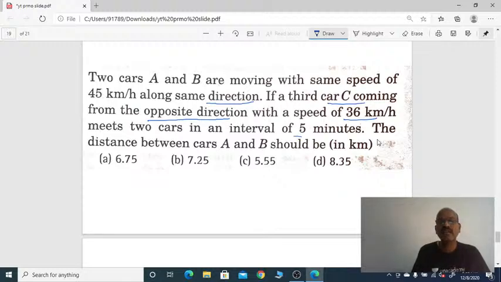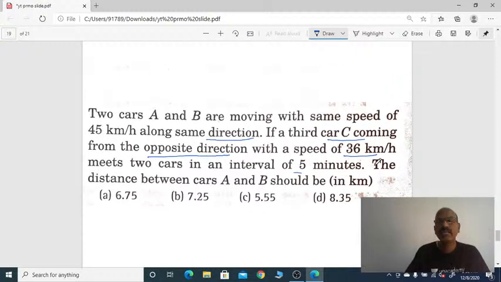Here the distance between car A and B remains constant, since they move with the same speed along the same direction. Let the distance be x.